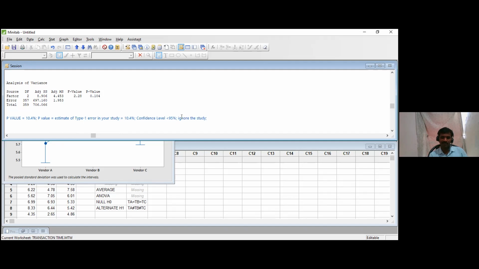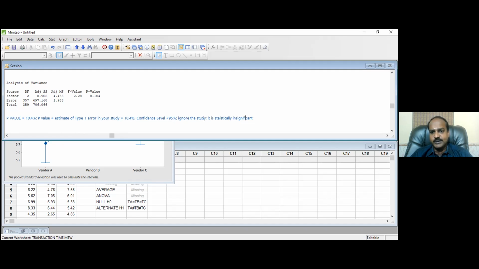Why must you ignore the study? The study is statistically insignificant. Why do I say it is statistically insignificant? My P value is more than 5%.